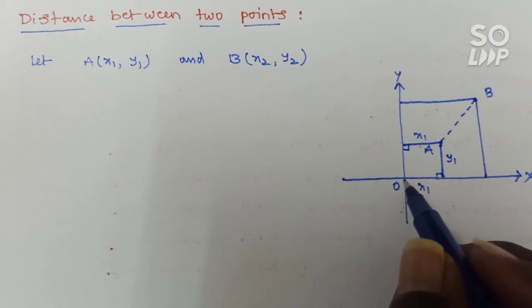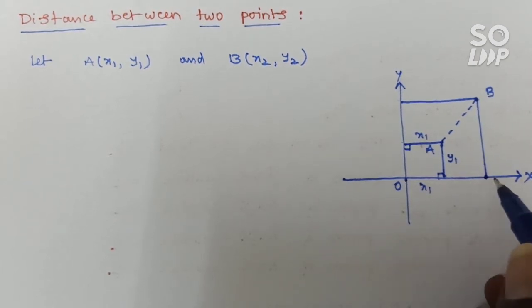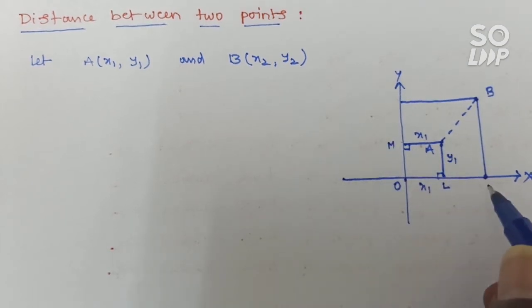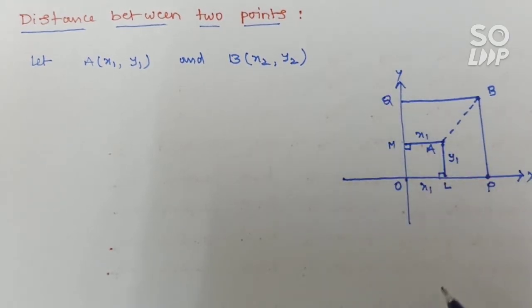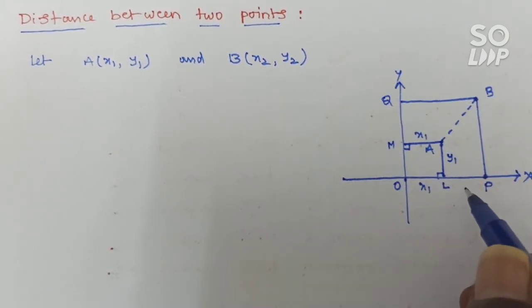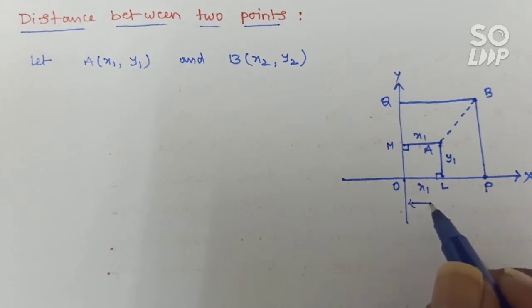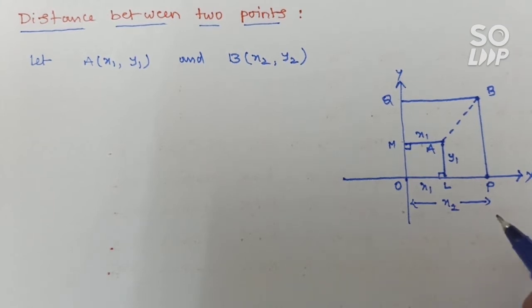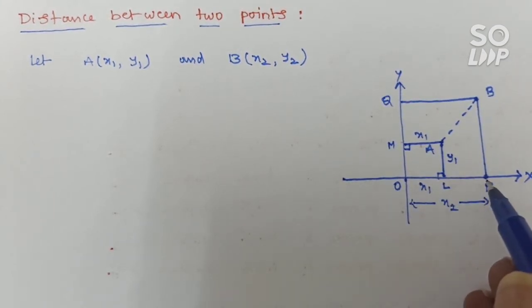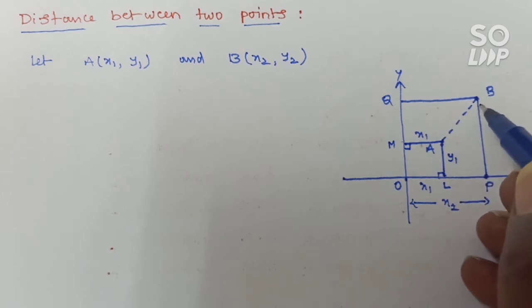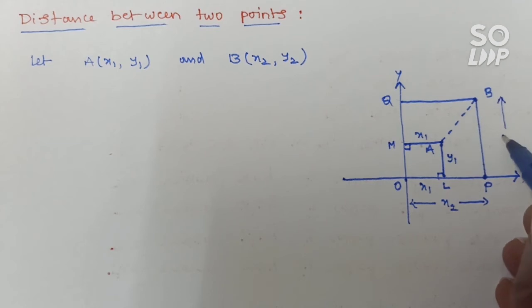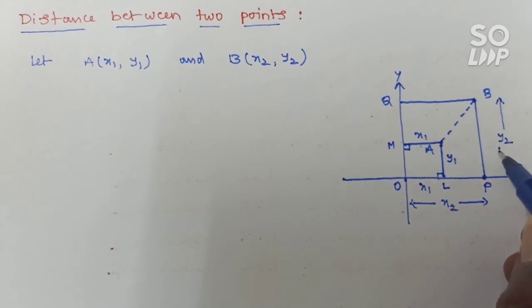Let these feet be P and Q. The length OP is x2, and PB is nothing but y2.